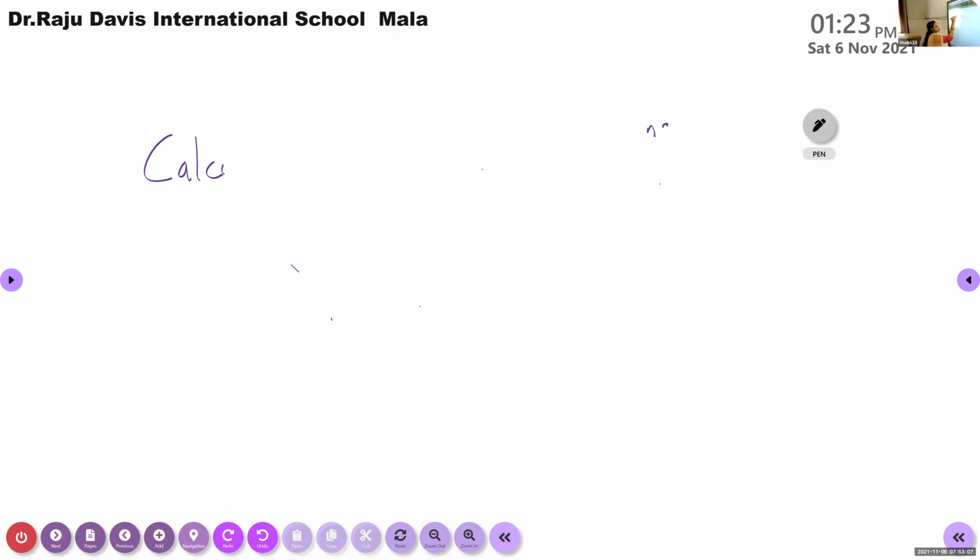Calculation of acceleration due to gravity, g. Calculation of g. We know the equation for calculating the value of acceleration due to gravity, right? So in order to calculate it, we consider some values.